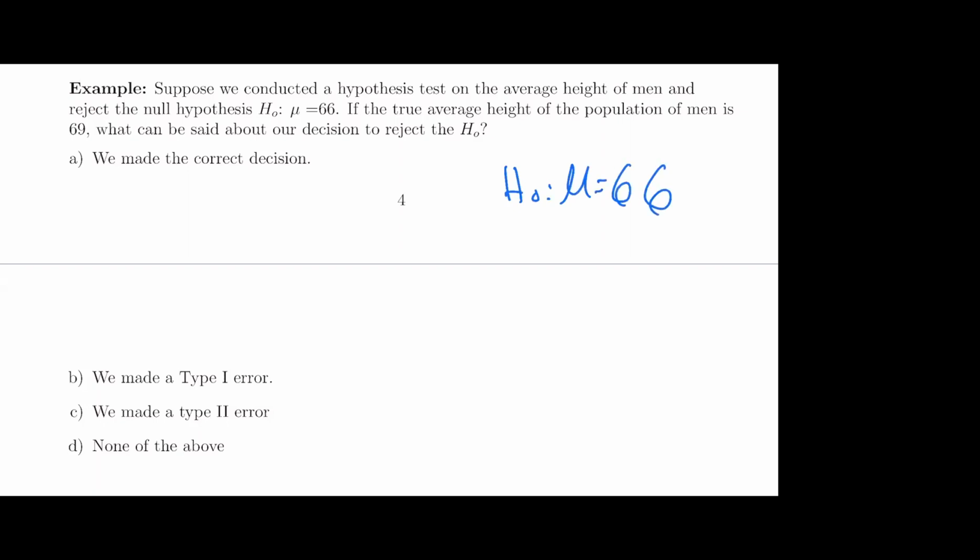But if you look at it, it said we reject the null hypothesis. If I reject the null hypothesis, I'm saying this is not true. But later on, I found that mu, the average height of men, is 69. So did they come up with the right decision to reject that?